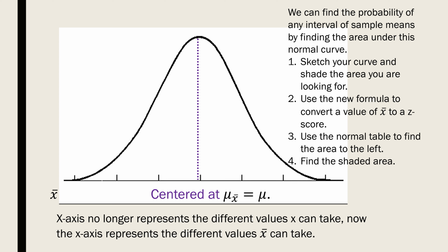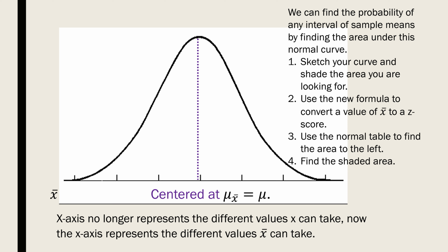We can find the probability of any interval of sample means by finding the area under this normal curve. Step 1. Sketch your curve and shade the area you are looking for. Step 2. Use the new formula to convert a value of x bar to a z-score.